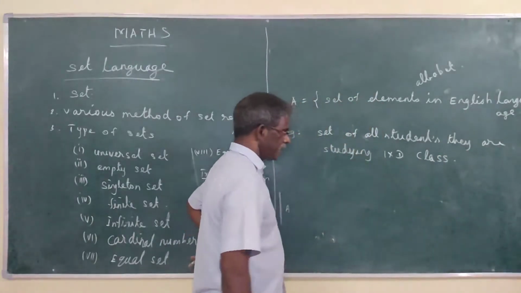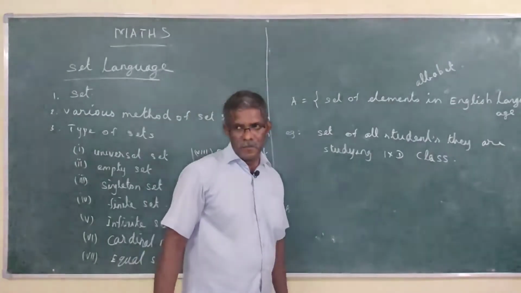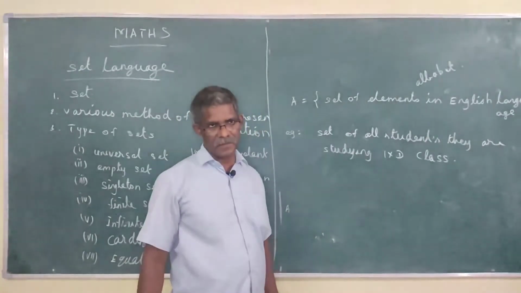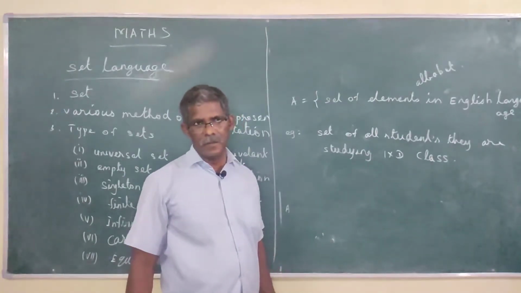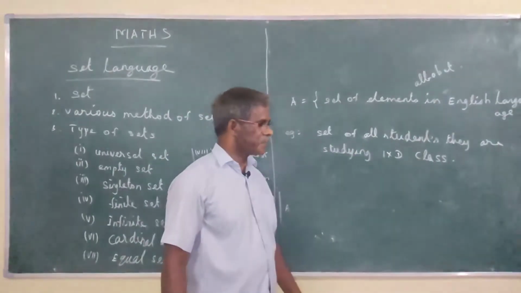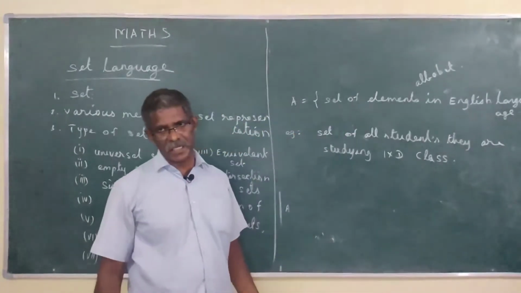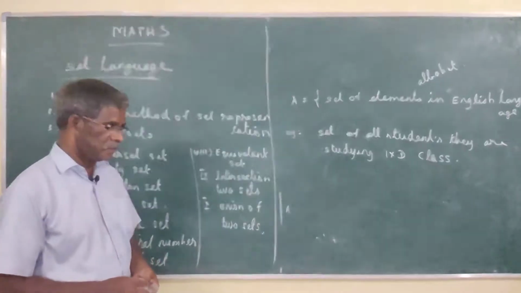By this sentence we can understand which students are studying in 9D class. We can easily find out the elements, the students. In this method we are using a sentence, that's why it is called the descriptive form.